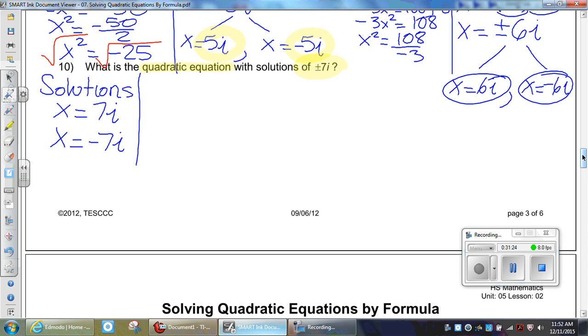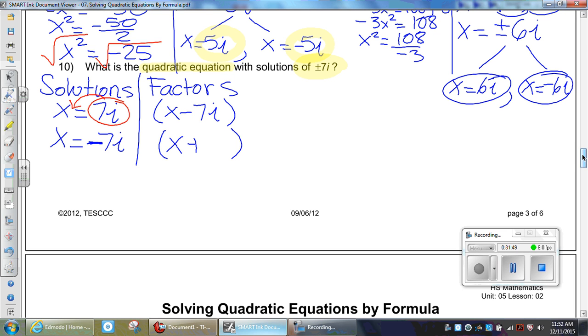So if those are the solutions, the factors will be, remember, to get the factors, you take your solution and you move it across the equal sign so that it is with the x. So my first factor will be x minus 7i. And my second factor, if I take this negative 7i across the equal sign, it will turn it into positive 7i. So x plus 7i.